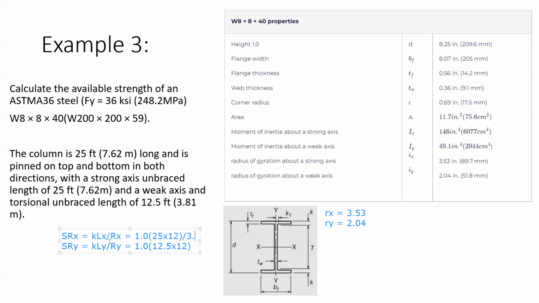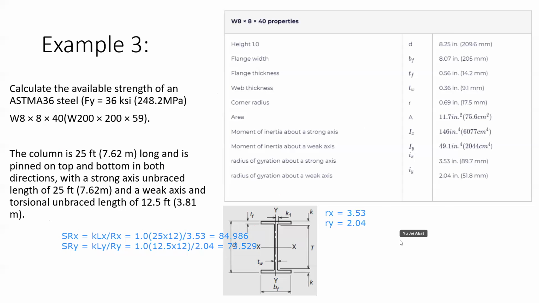So Rx 3.53. Ry divided by 2.04. So, ilan yung slenderness ratio natin along the major and minor axis? 84.986. And next we have 73.529. Ayan. So, that is our slenderness ratio.